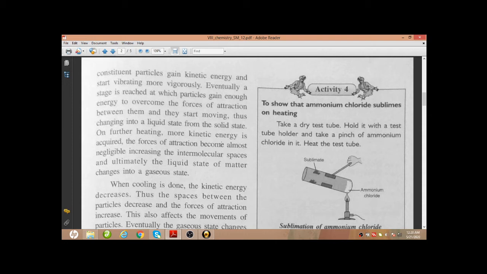And again, if we repeat the process, the liquid state will convert to the gaseous state.